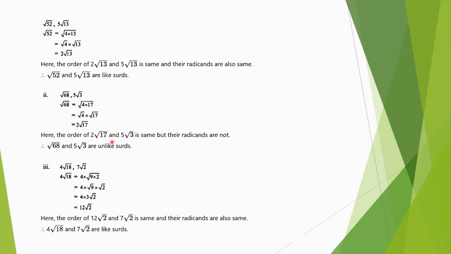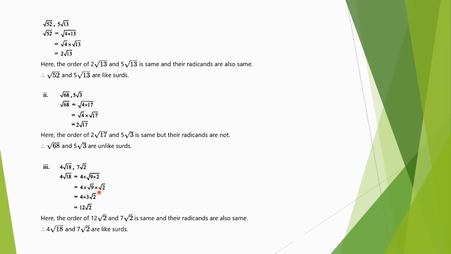Third question, 4 root 18 and 7 root 2. 4 root 18 can be written as 4 multiplied to square root of 9 into 2. Square root of 9 can be written as 3. So 4 into square root of 9 multiplied to 2, we get 4 into 3 into root 2.